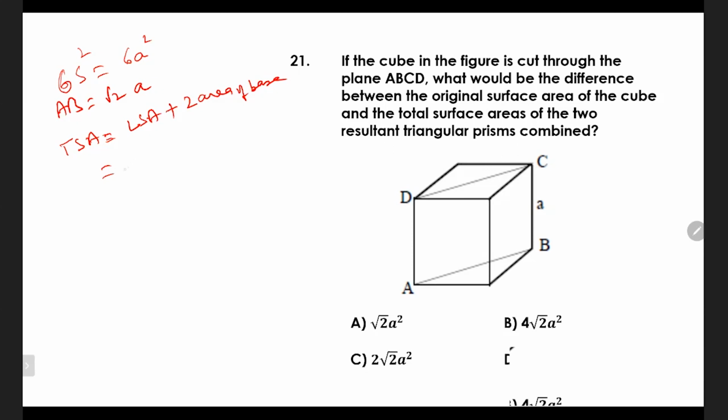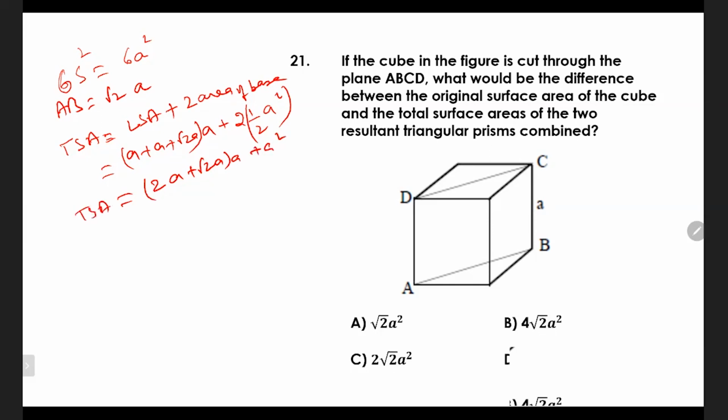LSA is what? Perimeter of base into height. Perimeter of base is A plus A plus root 2A into height, which is also A, plus 2 times area of base, which is half into base into height. That is half A square. So this is 2A plus root 2A into A plus A square.